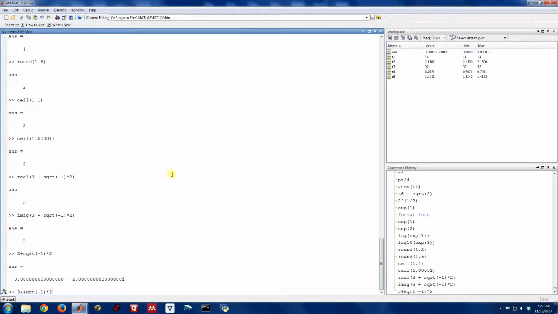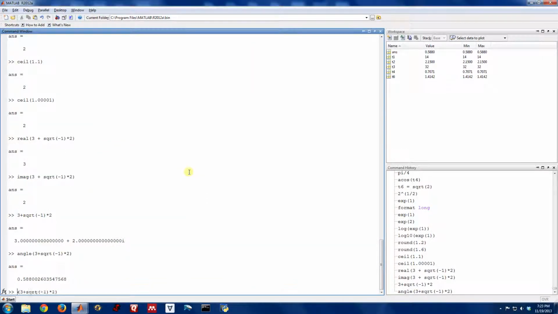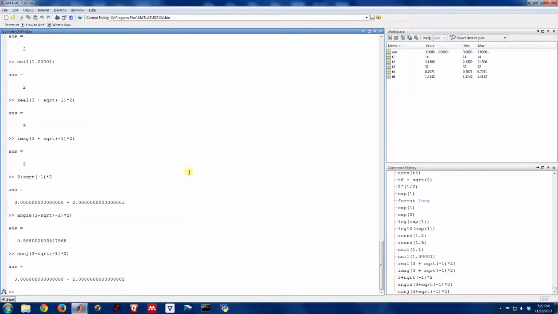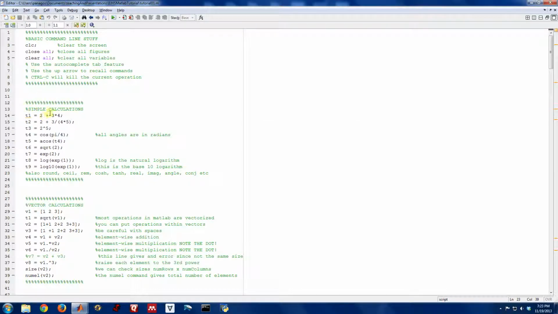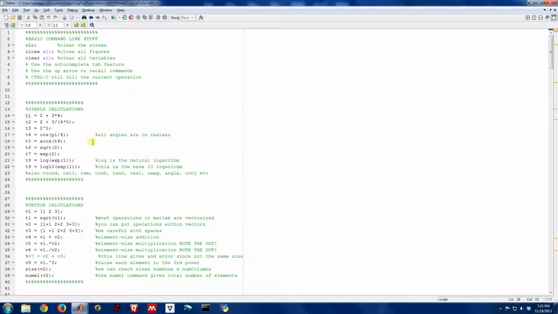You could take the angle of this complex number. So there's lots of just built-in commands like this. Conjugate of this number makes all the j's go to negative j's. So all of these are just kind of examples of what I think of as calculator commands that you can use in Matlab. There are a lot more than this available, but these are the types of things that you'll start off doing.